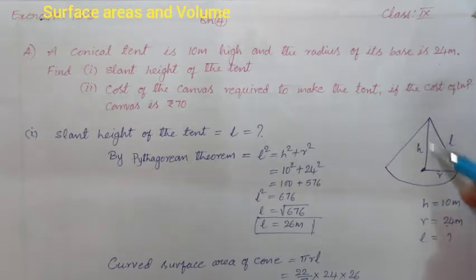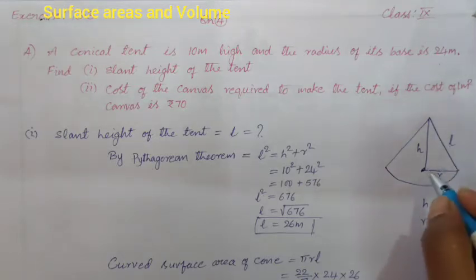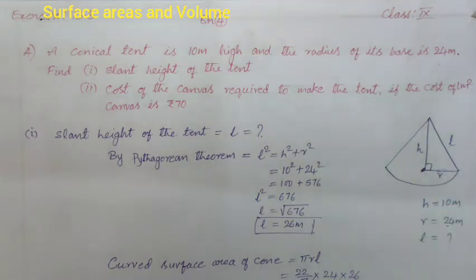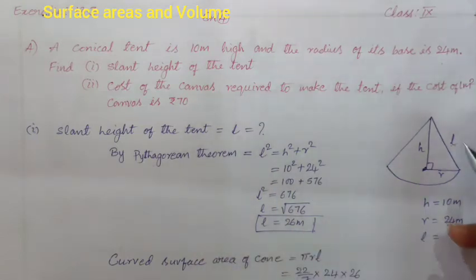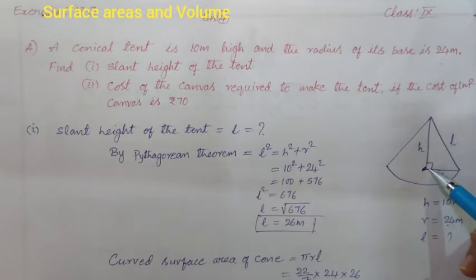So here we get a right angle triangle. Then we can use the Pythagorean theorem. How to find this slant height? By using the Pythagorean theorem, square of the hypotenuse, the side opposite to 90 degrees, is called the hypotenuse.